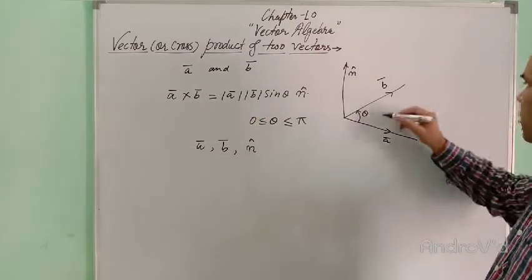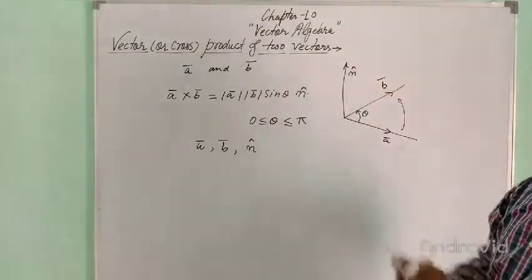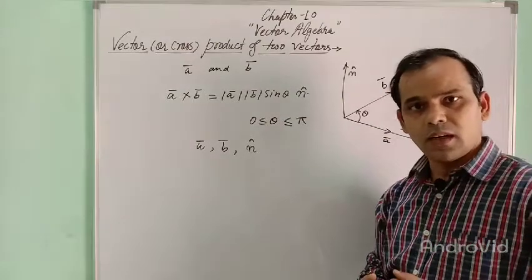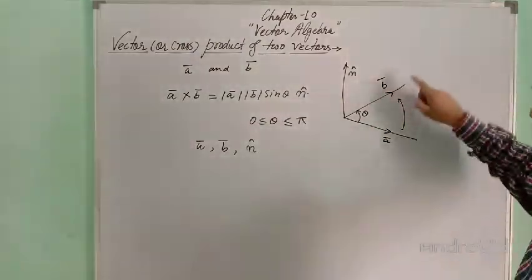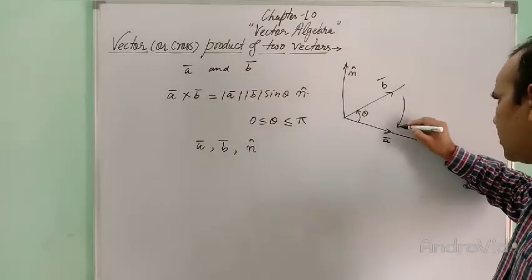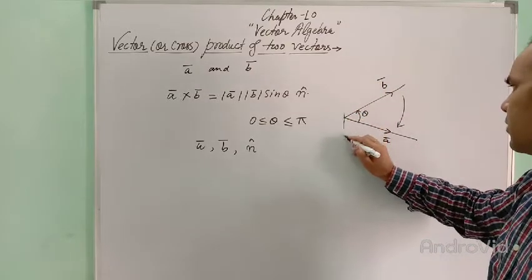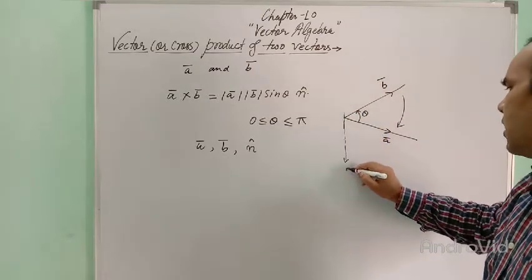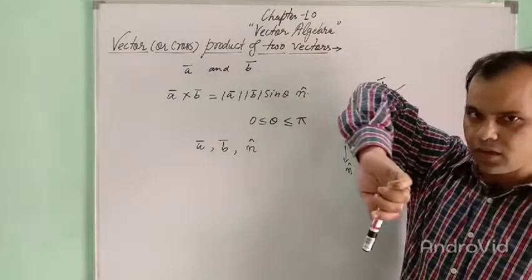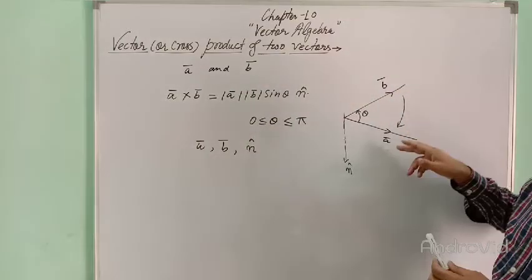Means if a is this, b is this, and we are getting a cross b, then the direction of n cap will be in the direction shown in this figure. If we want b cross a, then this direction will be reversed, and the perpendicular will be in this direction. Why is this so? With b vector cross a vector, the direction will change.